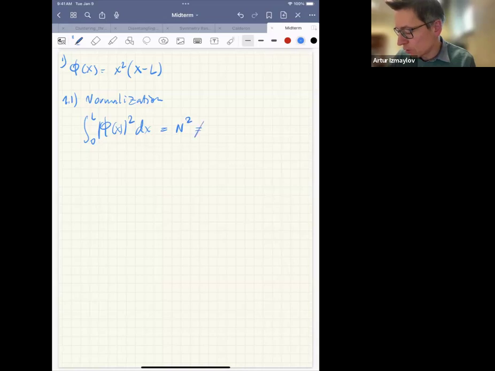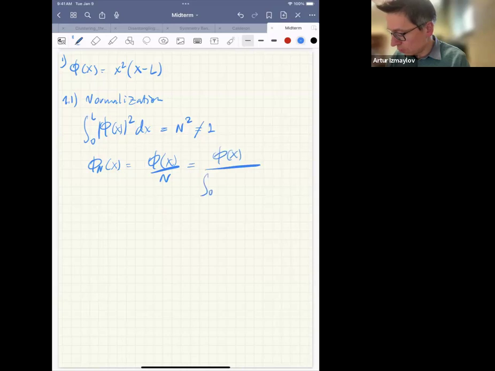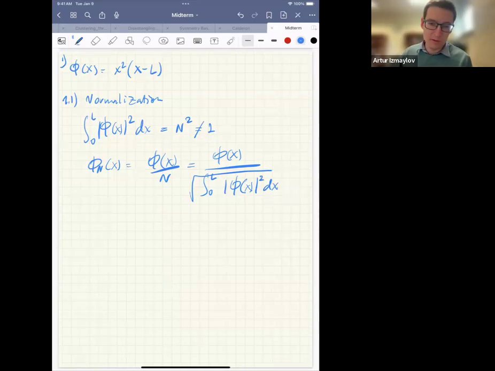Once we obtain this and set it not equal to 1, we take the normalized function as phi of x divided by N, or phi of x divided by the square root of this integral. So we just need to do the integral, take the square root of it, and divide the function by that. All right, so let's do it.